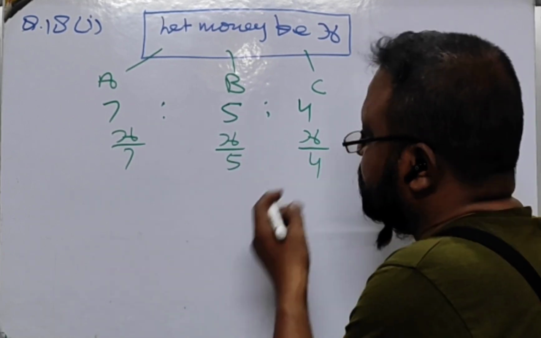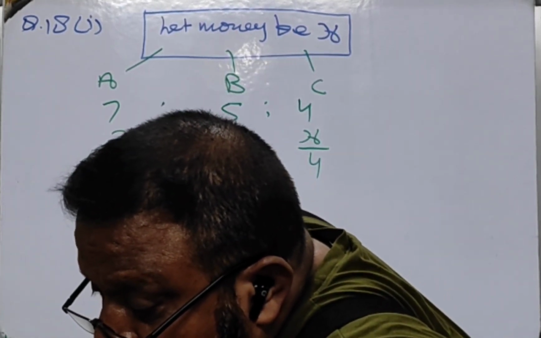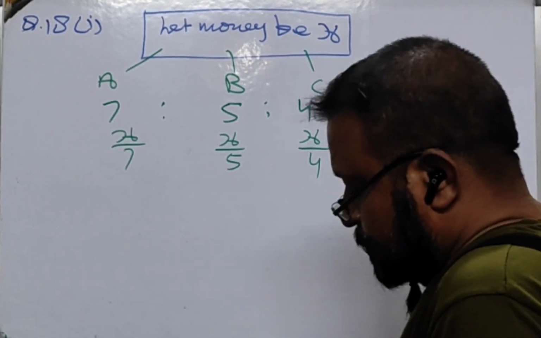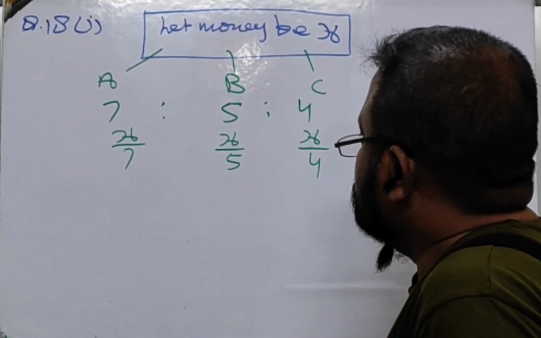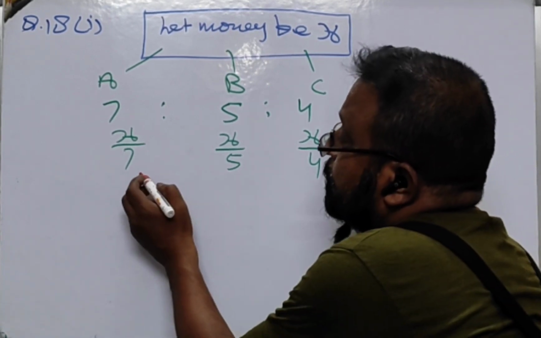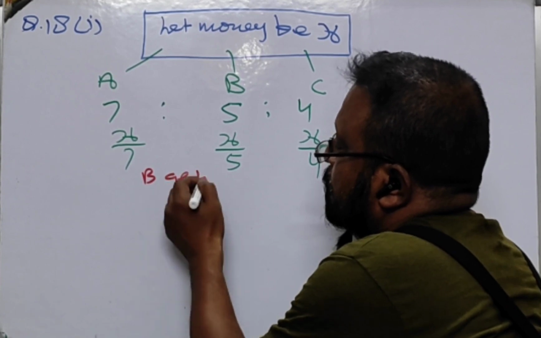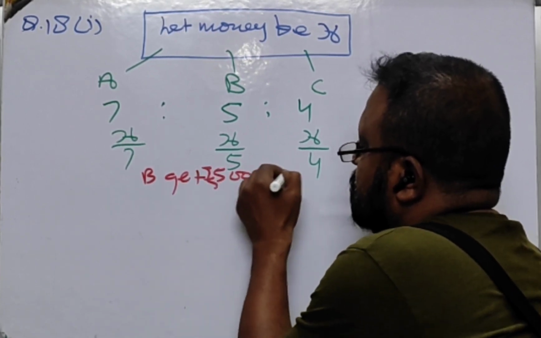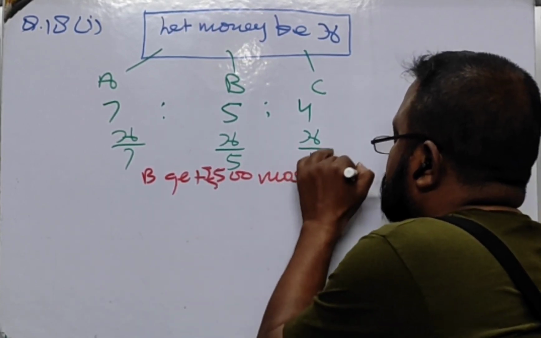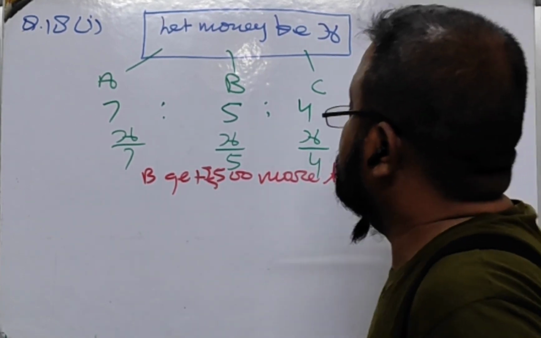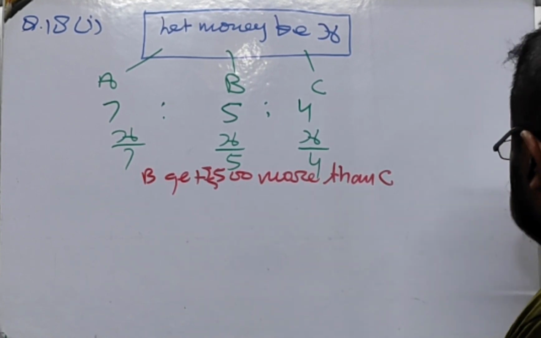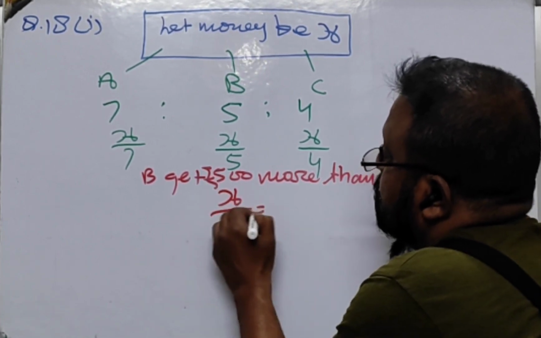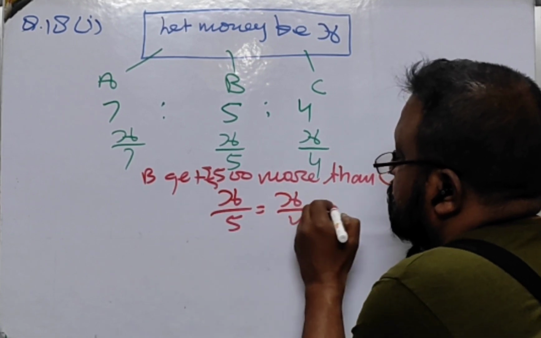And B is getting 500 rupees more than C. So we can write it X upon 5 is equal to X upon 4 plus 500.